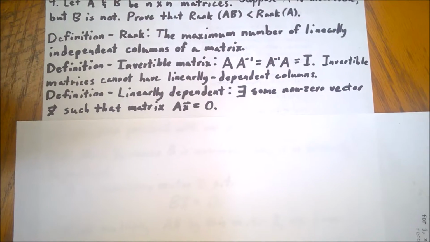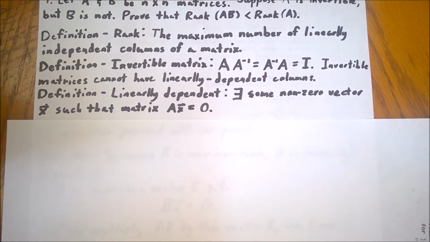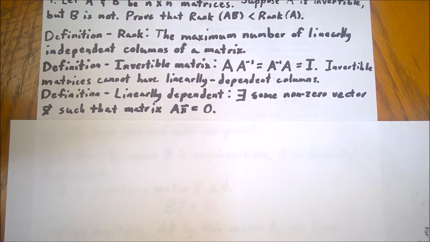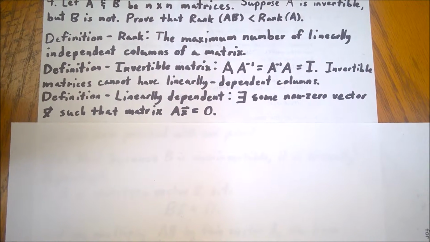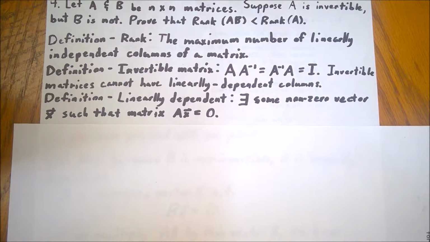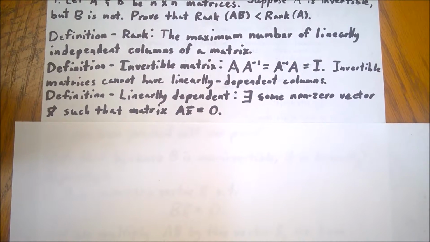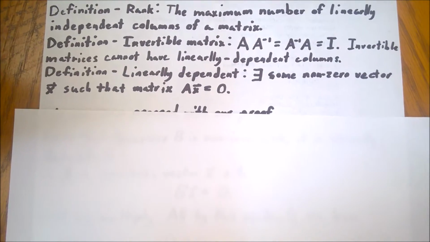Another way of looking at it is that linearly dependent matrices are matrices where there exists some non-zero vector such that when you multiply that matrix by that non-zero vector, it equals 0. For linearly independent matrices, you would have to have the 0 vector in order to have this happen. Okay, so now let's move on to the actual proof.